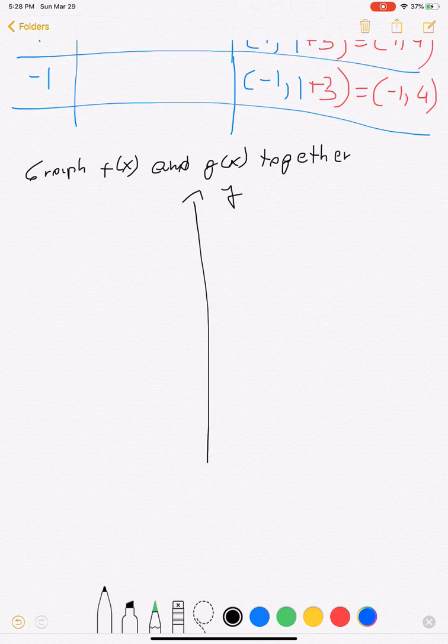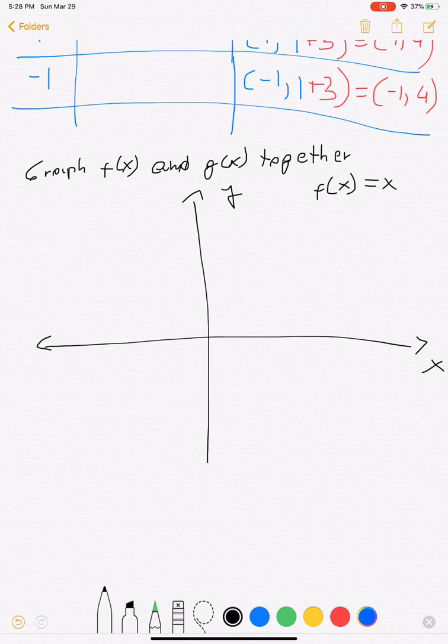This is y, this is x. F of x will be in black, which is x squared. That's the parent function, original function. You have the point 0 comma 0, 1 comma 1, and then it was -1 comma 1. So this is the graph of f of x.